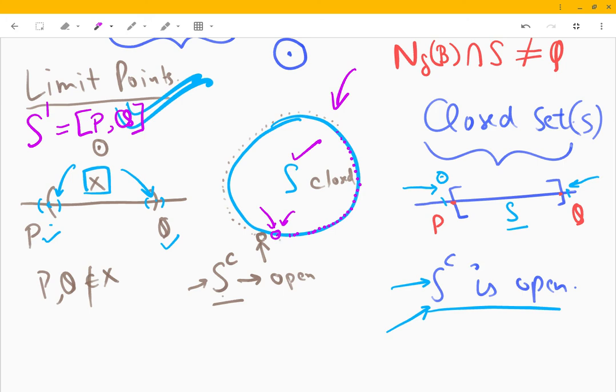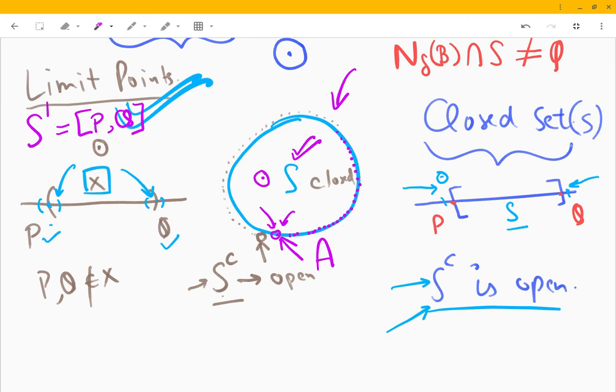So say if this point is A, then A is a limit point. In fact, all the points lying on the circumference. And obviously, all the points inside the set also are limit points, because their neighborhood contains infinite elements from the set we are talking about. I hope this is clear.